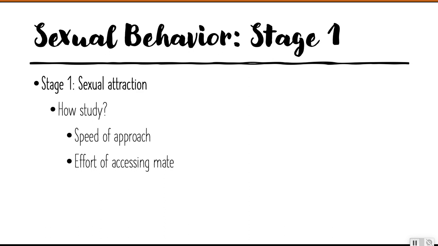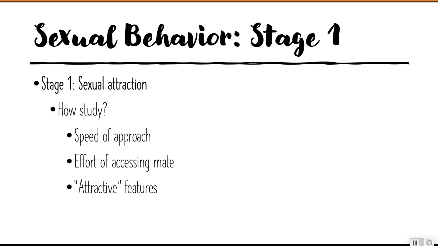We can also measure how hard an animal is going to work to gain access to a potential mate. So maybe what are some barriers or obstacles that they're willing to cross, activities that they're willing to do in order to access a mate.